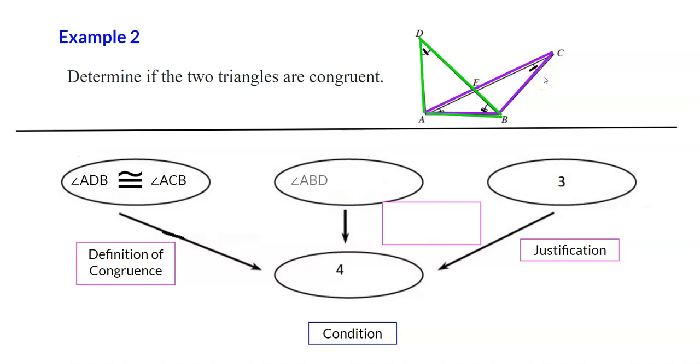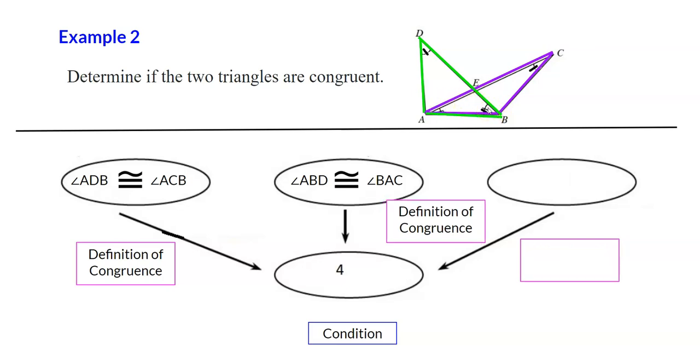The next statement I'm going to make is that angle ABD, another angle right here, is congruent to the other angle, BAC. It's because of the definition of congruence: it's given to us that there are two markings on each of those angles, so they're congruent to each other.